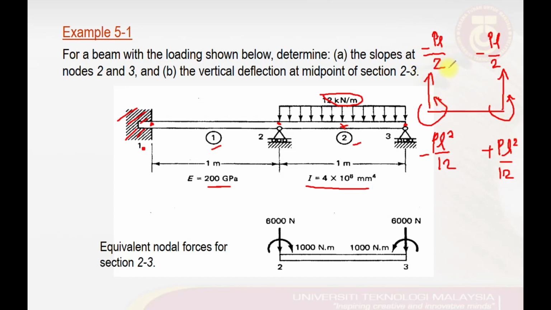So we know the length of this element, L equal to 1 and P equal to 12 kilonewton per meter, and if we substitute this value in our equation there and there, then we can obtain this value here, which is given by 600 newtons and 1000 newton for the displacements and rotations at node number 3 as well.